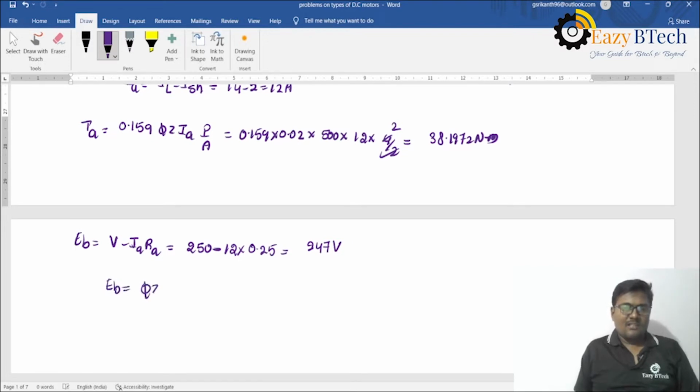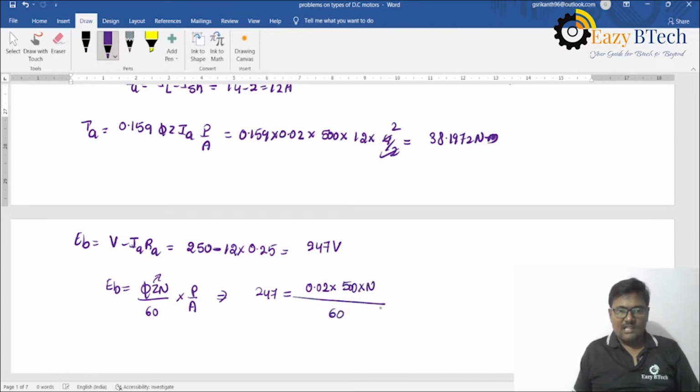Then EB is equal to flux Z n by 60 into P divided by A. 247 is equal to 0.02, number of conductors is 500. Speed is the unknown quantity. We have to calculate by 60, 4 divided by 2.